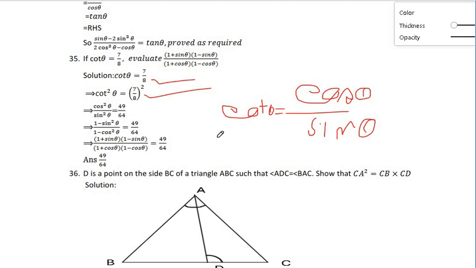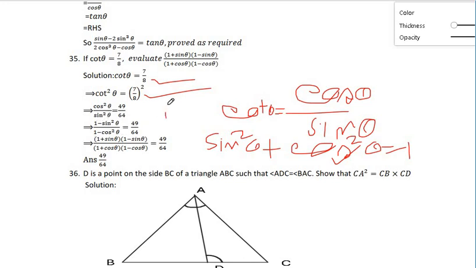We have used the formula sin square theta plus cos square theta equal to 1. So whenever you need sin square theta, it will be 1 minus cos square theta, and whenever you need cos square theta, it will be 1 minus sin square theta. So for cos square theta, we write 1 minus sin square theta. For sin square theta, we write 1 minus cos square theta.